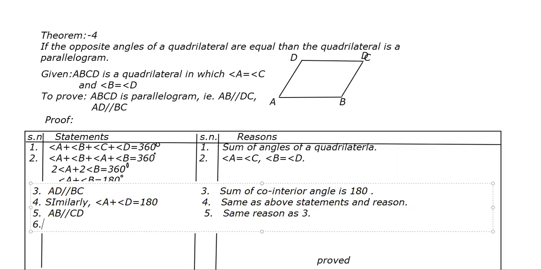Now here opposite sides are parallel: AD and BC are parallel, AB and CD are parallel.